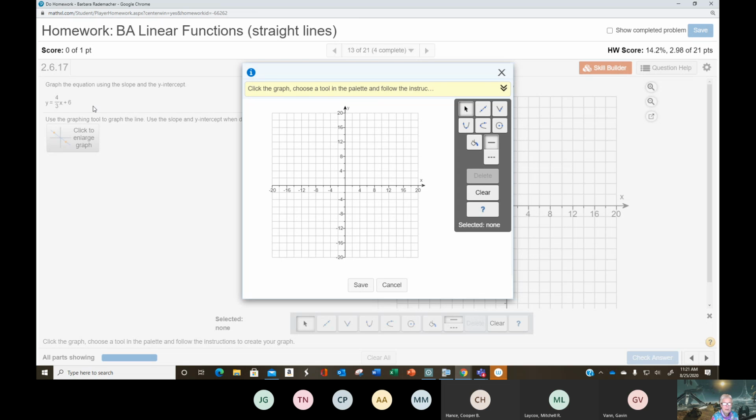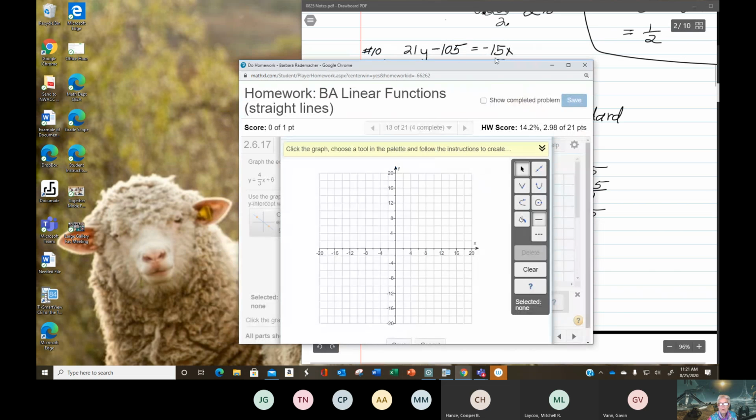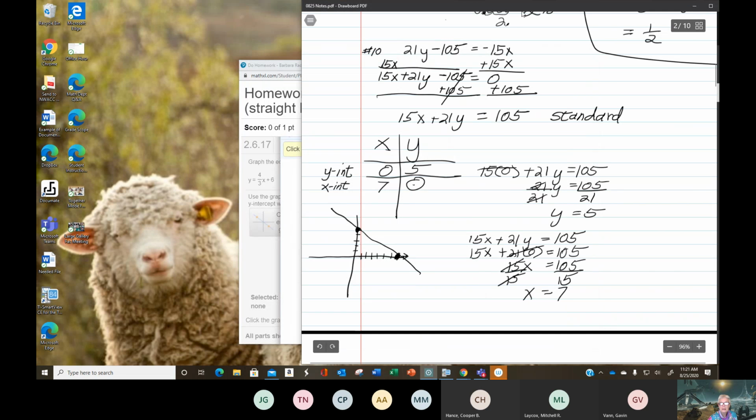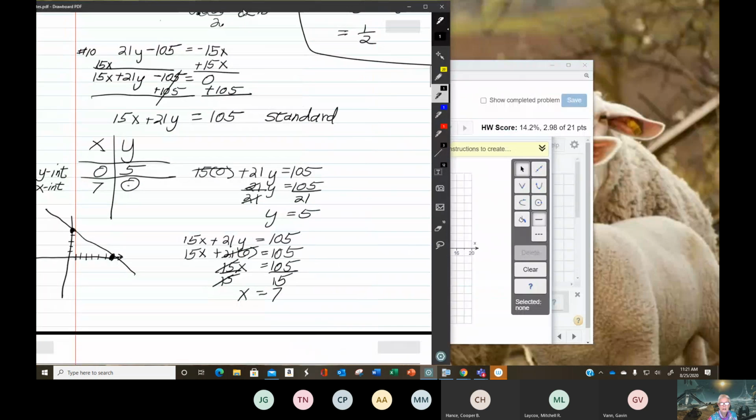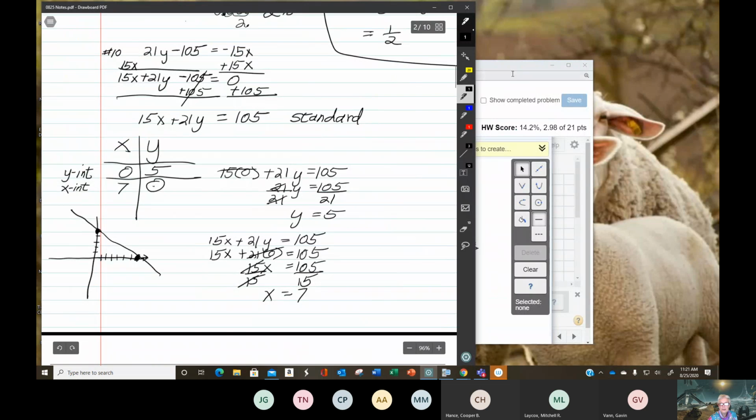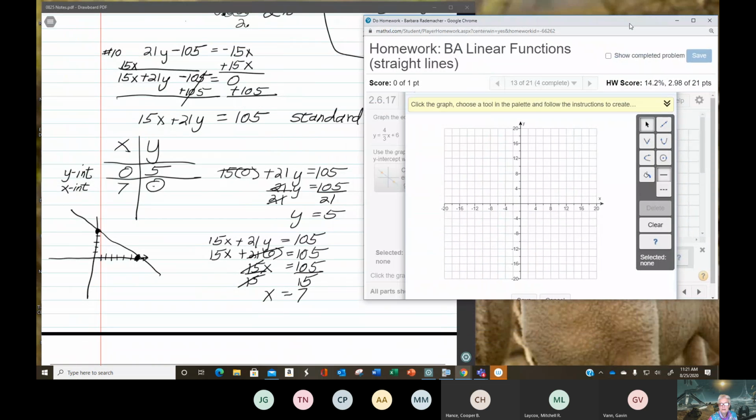Okay. Now what we have is y equals 4/3 x plus 6. And you might not be able to see it from where you are. So let's move this over here, and this over here for a minute.